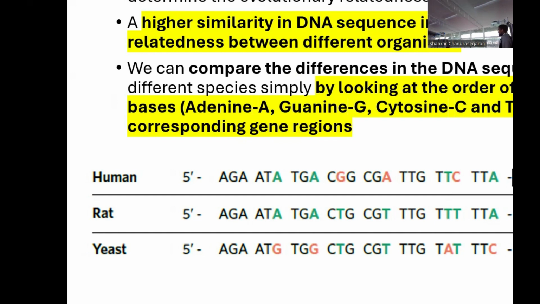So which species, rats or yeast, are humans most closely related to based on DNA sequence similarity? Okay, so look at the two different sequences, see how similar they are. As a result, try to find out which species are more closely related to each other.